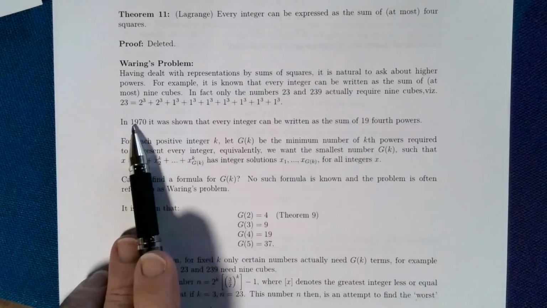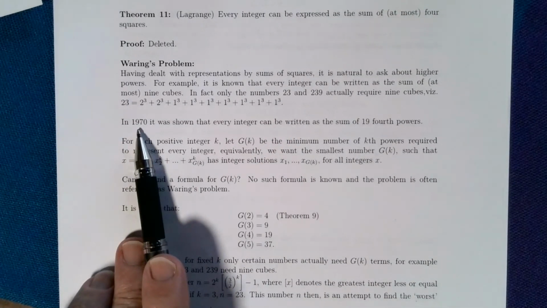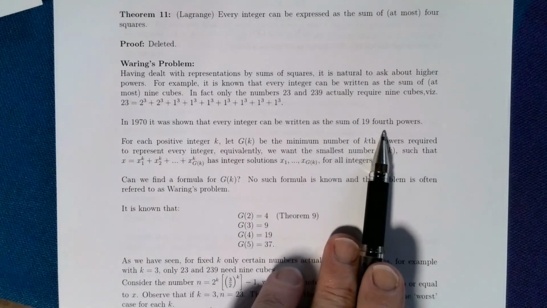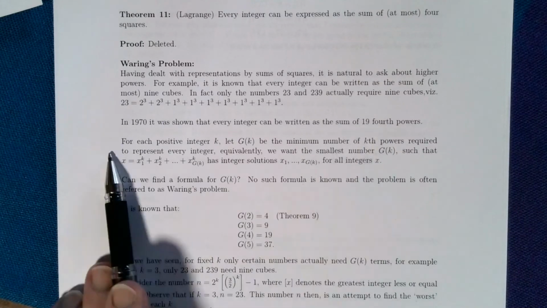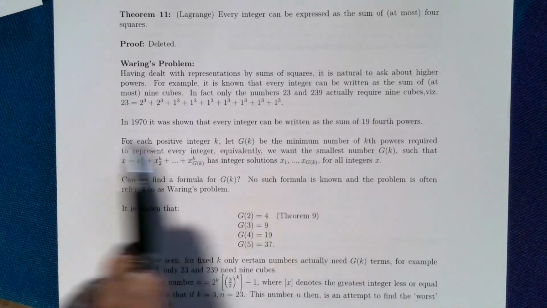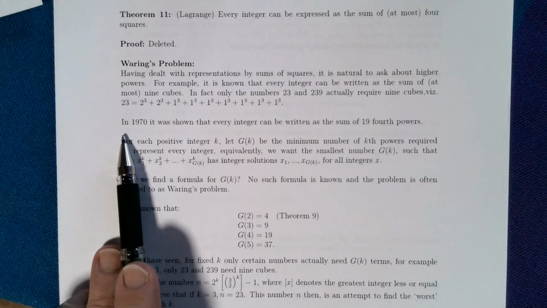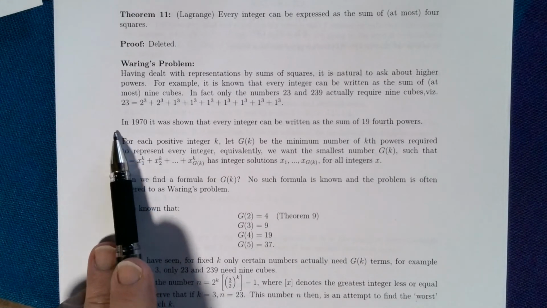In 1970, it was shown that every integer can be written as the sum of at most 19 fourth powers. So, obvious question is, well, what happens when we go higher?